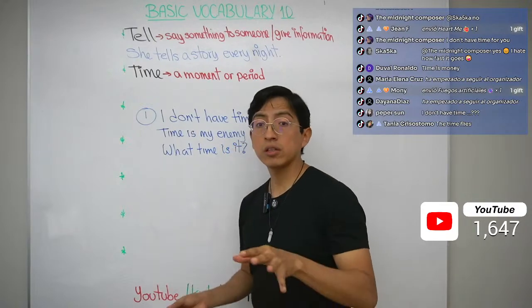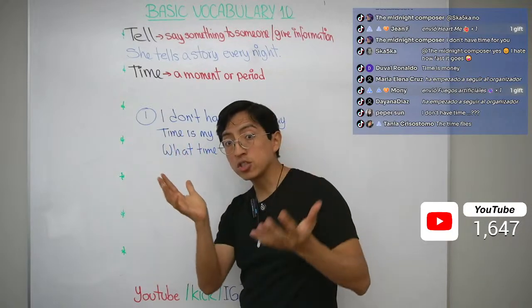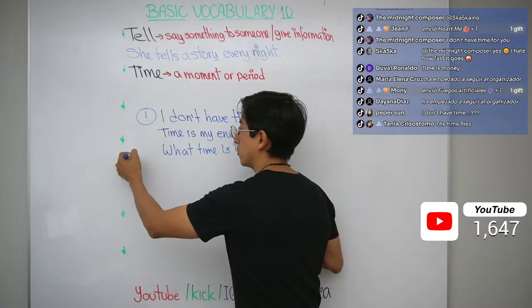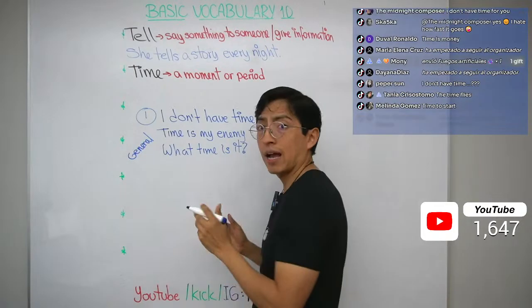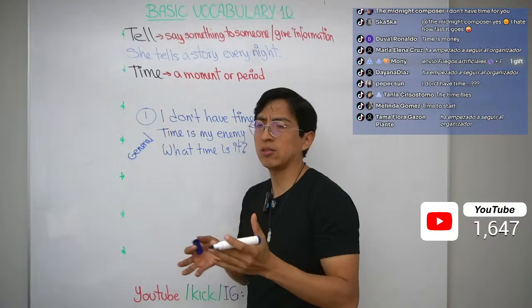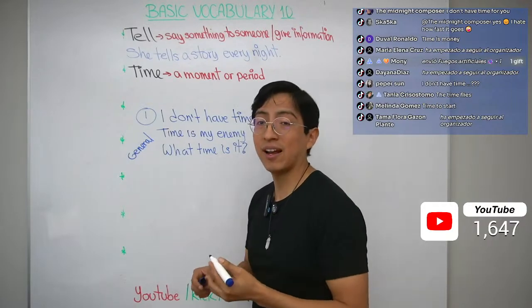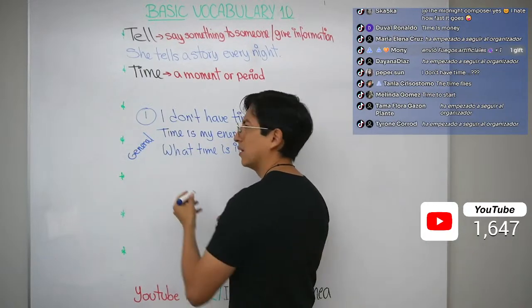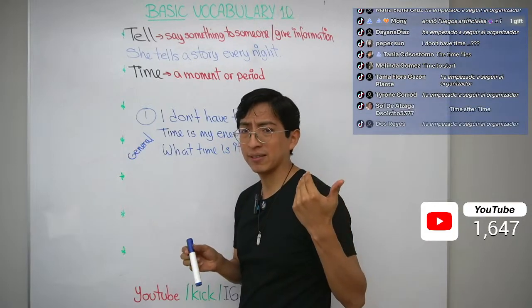So we're talking about something in general. Okay, let's put this here. Something that is in general. Now let's talk about I don't have time today, or I don't have any time. You can also use that too. Yeah, very good. Time is something very valuable. Some people say time passes very quickly, right?